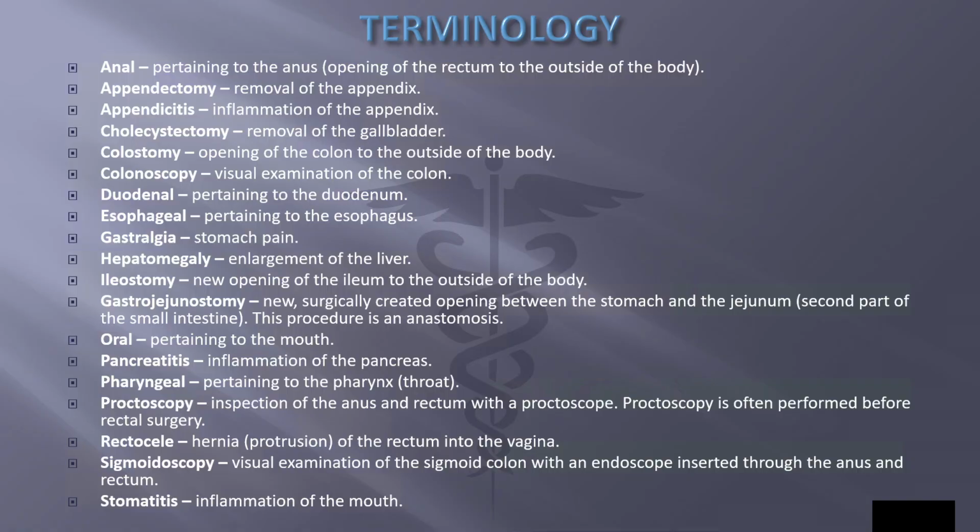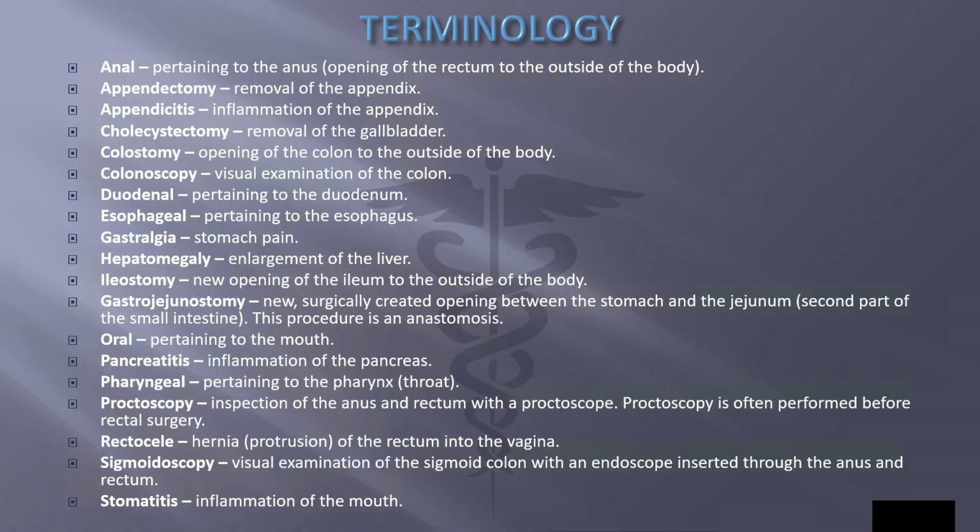Pharyngeal is pertaining to the pharynx, and the pharynx is the throat. Procto means anus and rectum. Proctoscopy, inspection of the anus and rectum with a proctoscope. Proctoscopy is often performed before rectal surgery.